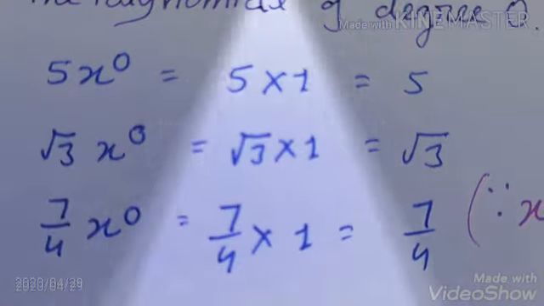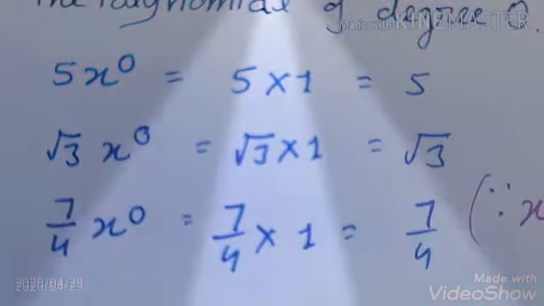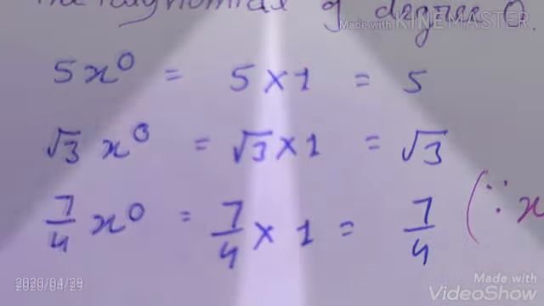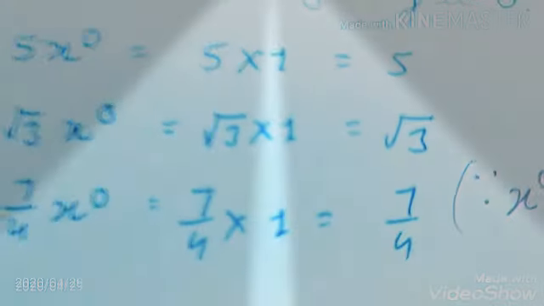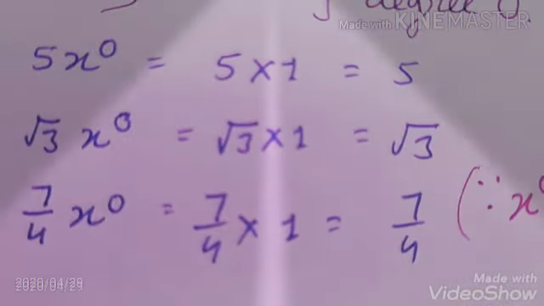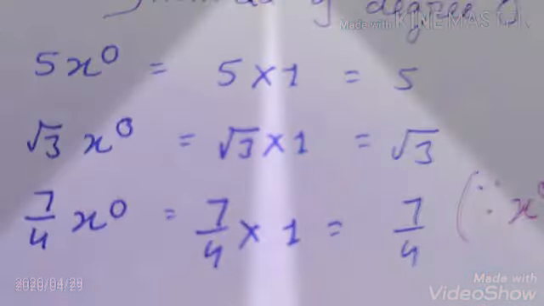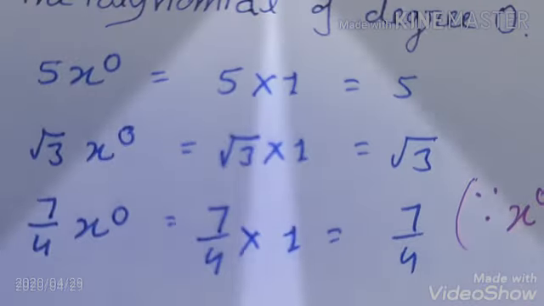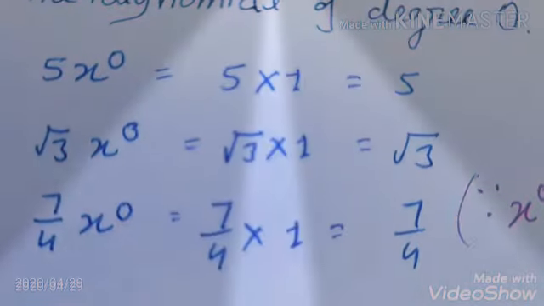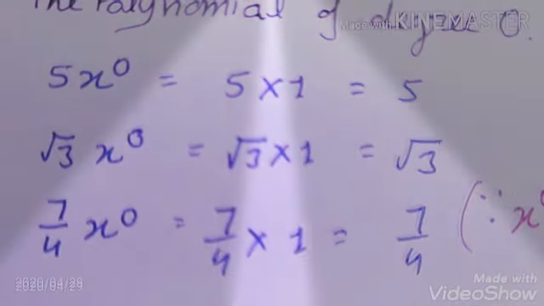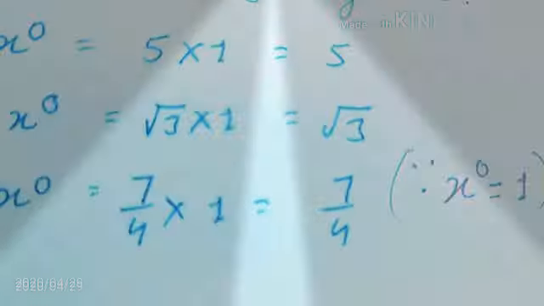In this way, we find that any polynomial of degree 0 is actually a real number, because the variable in this polynomial is hidden or understood, because whenever it is raised to the power of 0, its value is 1.